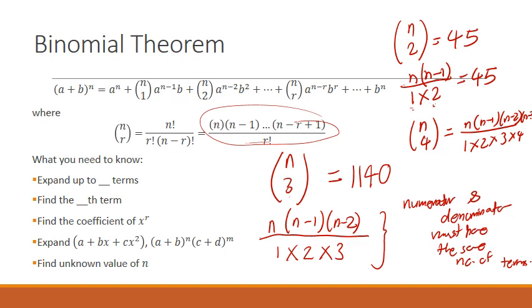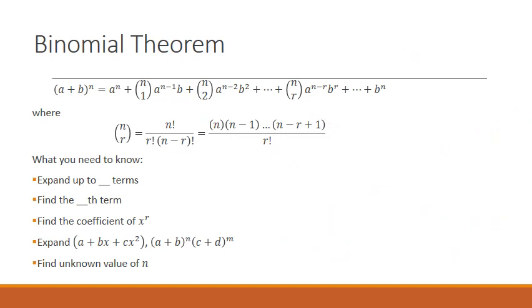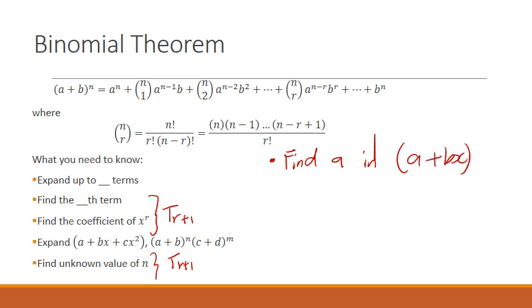So to summarize everything, for this kind of question as well as for this, no matter what, you will be using the r plus 1 formula, the general term itself. There is another type of question, which is to find a in (a + bx)^n given some certain conditions.